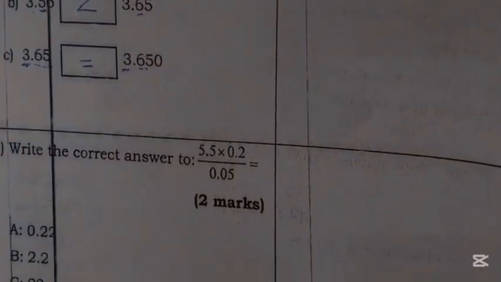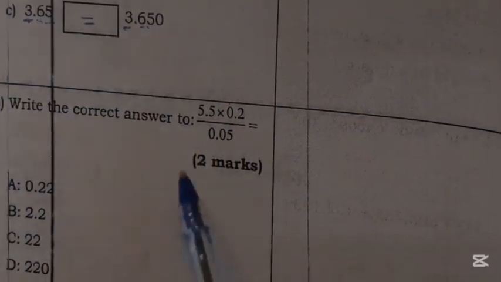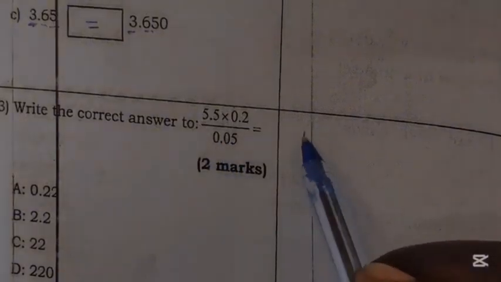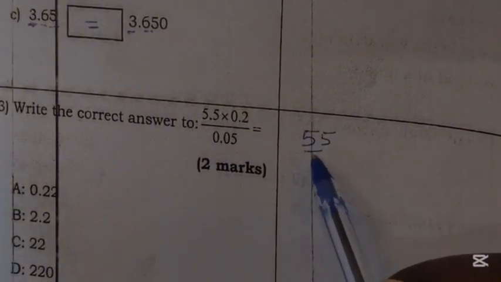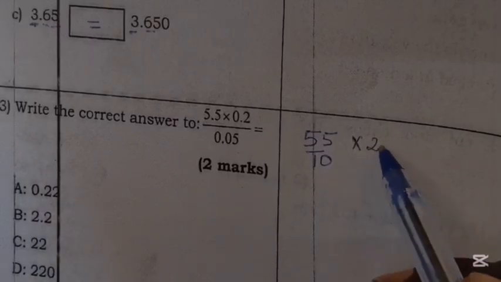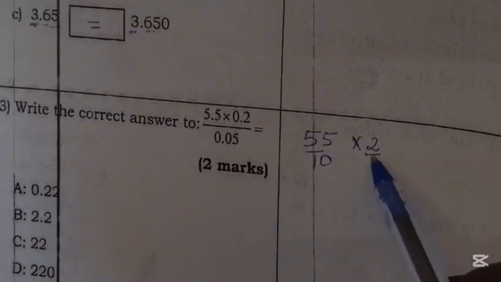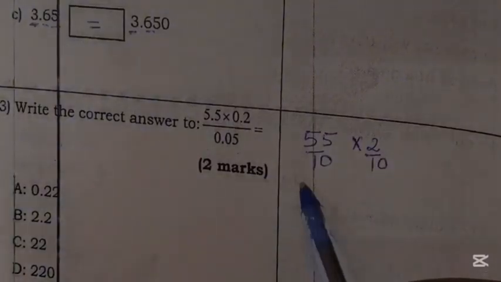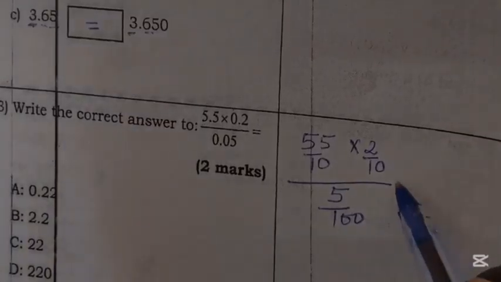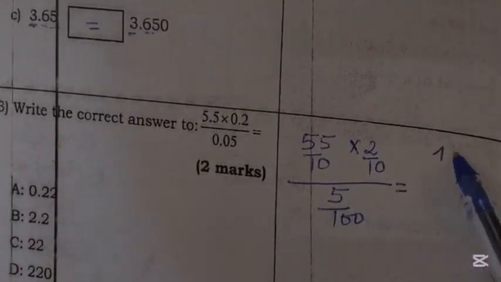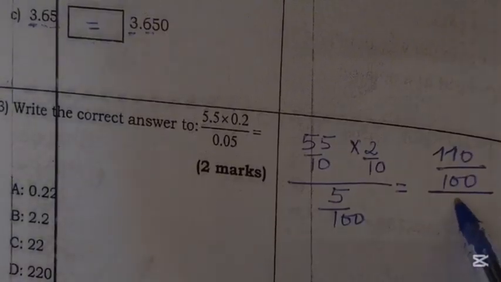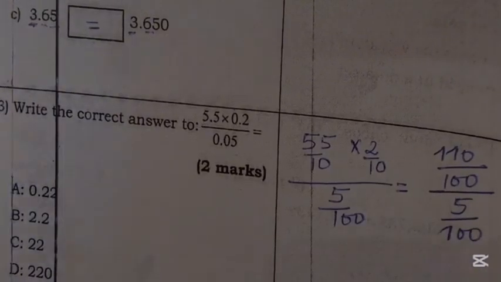Here you're supposed to work out this one without using a calculator. 5.5 can be written as 55 over 10, times 2 over 10, over 5 over 100. This is equal to 110 over 100, over 5 over 100.